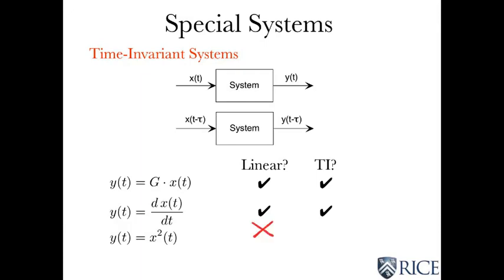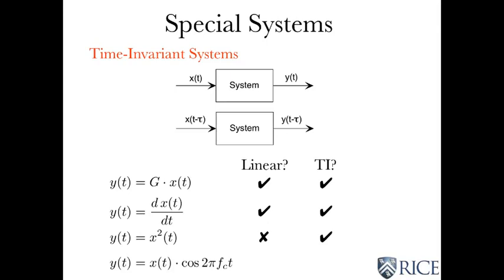How about time invariant? If I replace t by t minus tau, is that the same formula I get if I replace t minus tau in this input-output relationship? The answer is certainly yes. So this is an example of a nonlinear but time-invariant system.